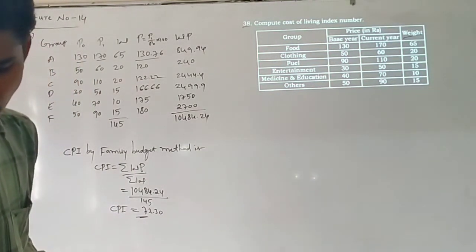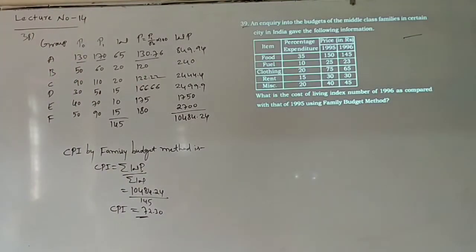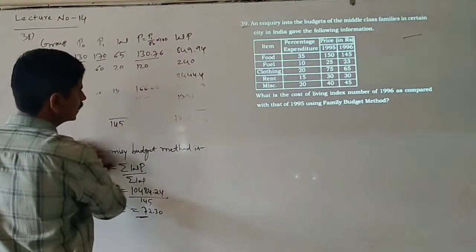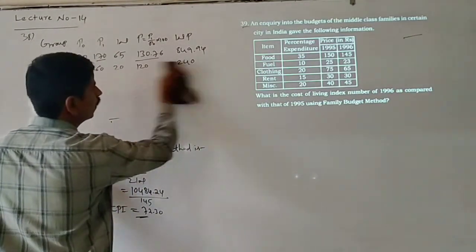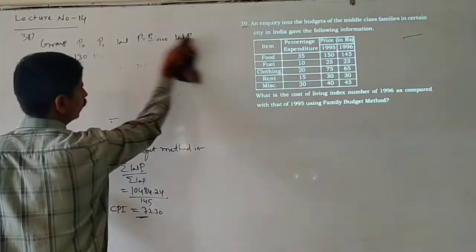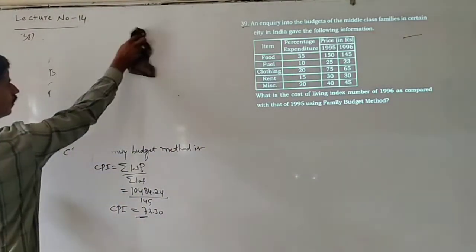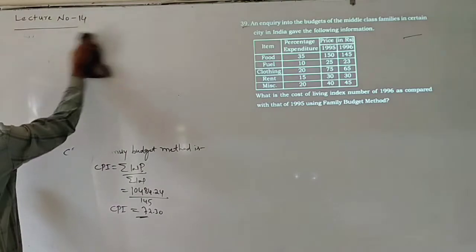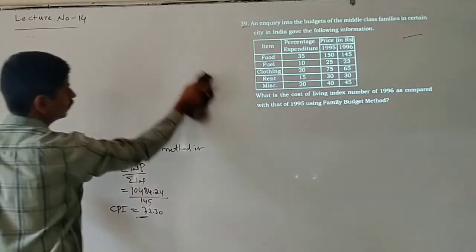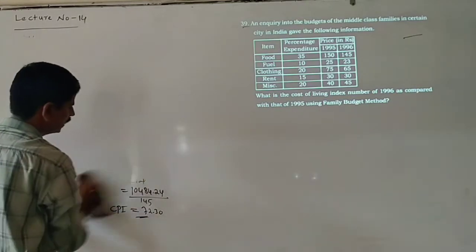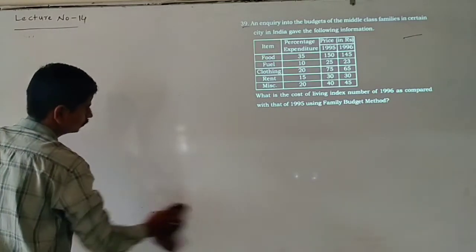Okay, the next problem number 39. An inquiry into the budgets of the middle class families in a certain city in India gave the following information. They are given items, percentage expenditure, price in 1995 and price in 1996.